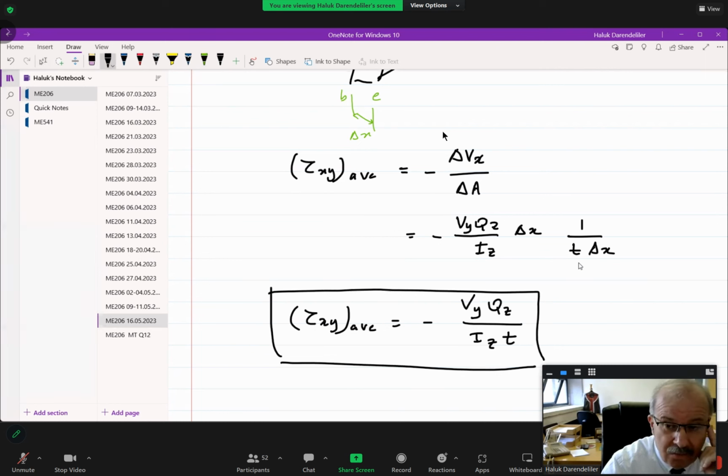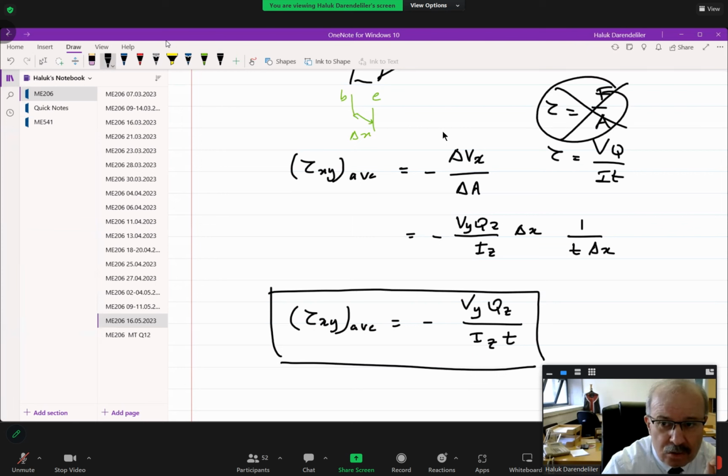Actually, in speaking, we call it as follows: VQ over IT, without referring to the subscripts. VQ over IT. This equation is the one that should be used in the beams. So please do not use the equation which we have used for rivets, pins, bolts. In the beams, this is the equation that you should be using in the examinations and in your designs.